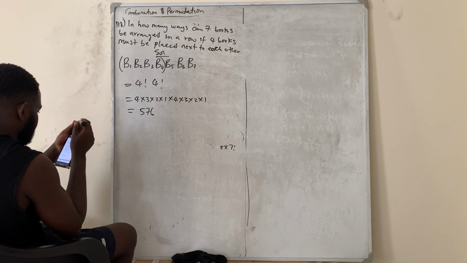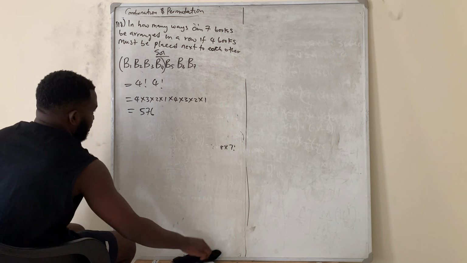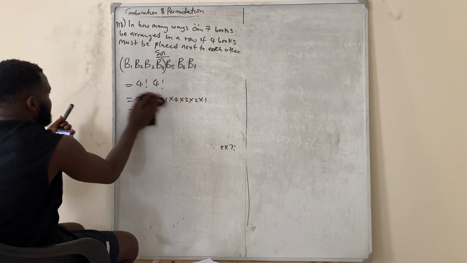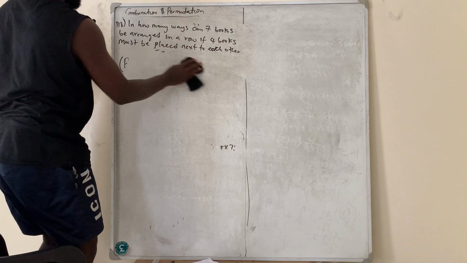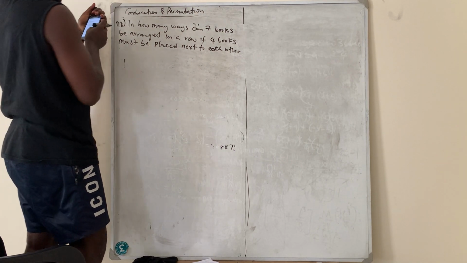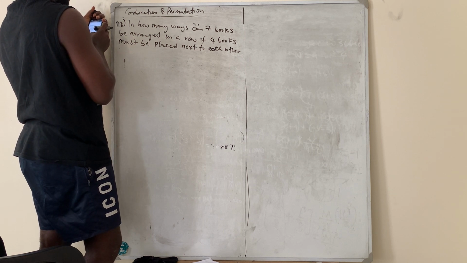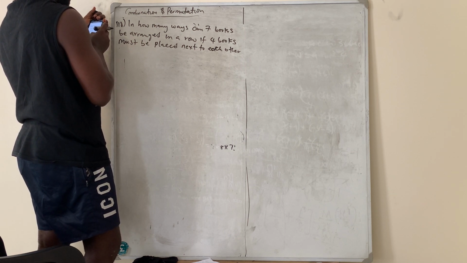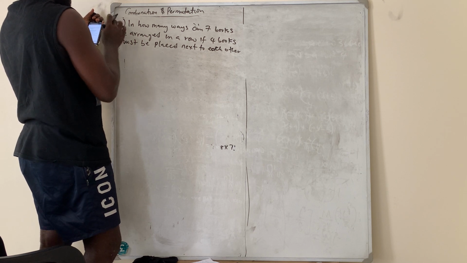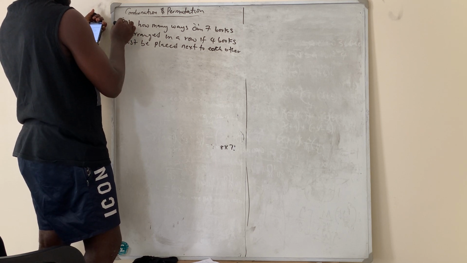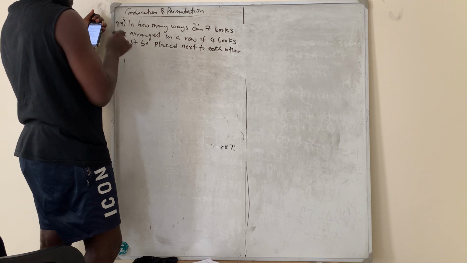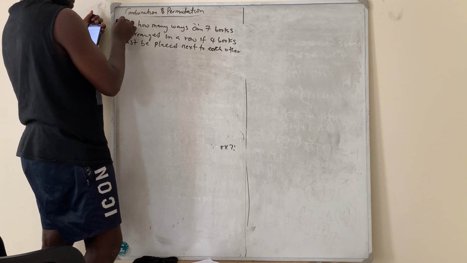So we'll go to the next question, question number 119, which is the last question we are going to solve for combination and permutation. They said here, in how many ways can 7 books be arranged in a row if 4 books must be placed next to each other? That is what we just solved. So for 118, what we solved before was for 119, sorry.